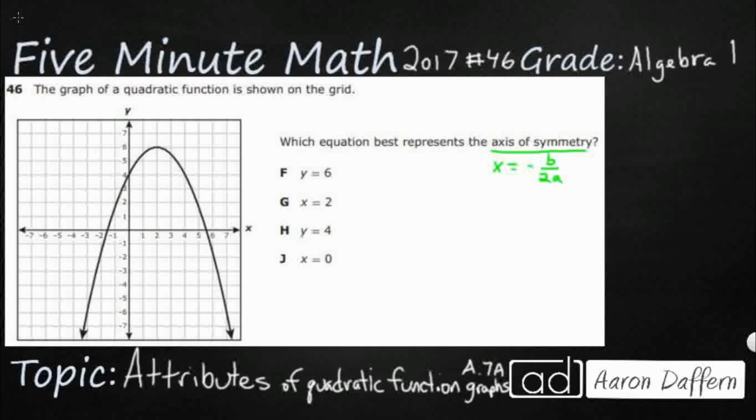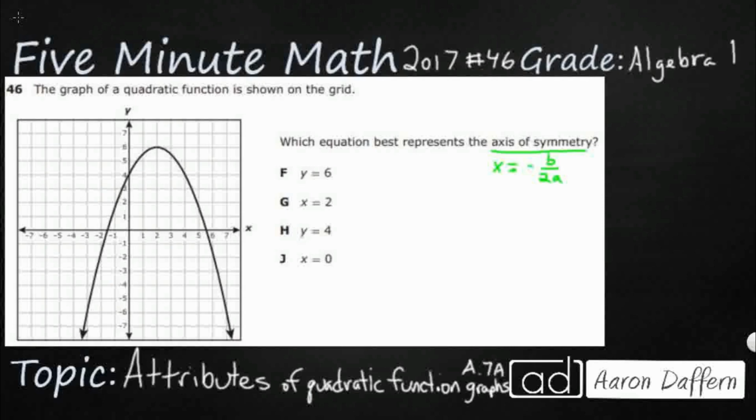Doesn't really help us if we don't necessarily have an equation. So that's the only thing that we are going to see on the reference materials. So we can't usually use that unless we have, like I said, the actual equation.